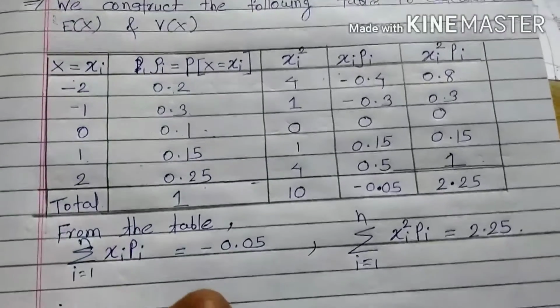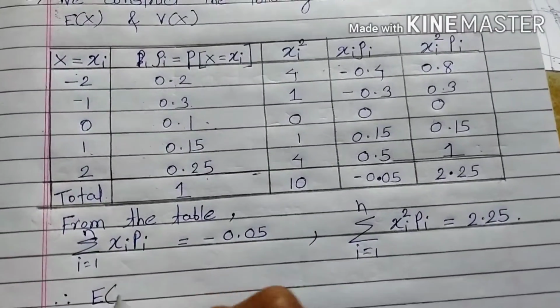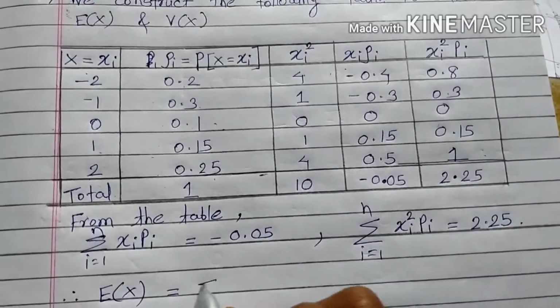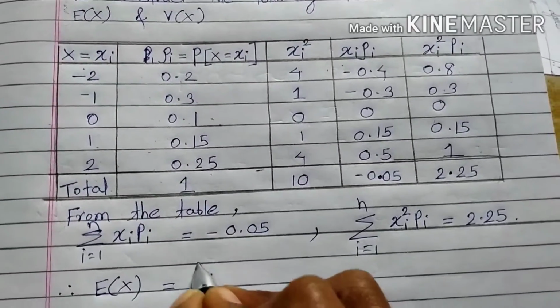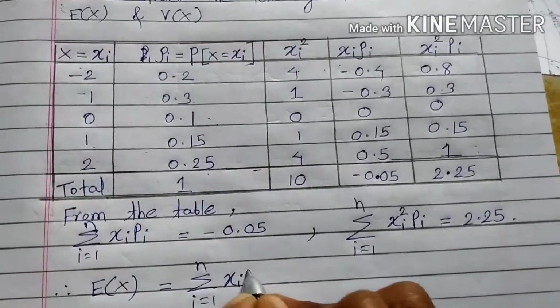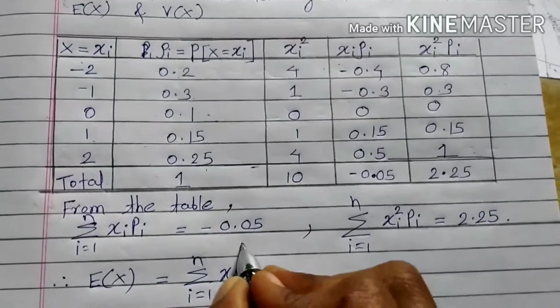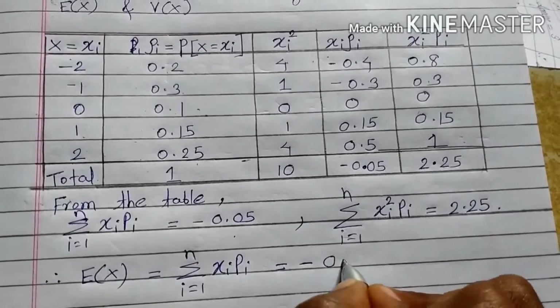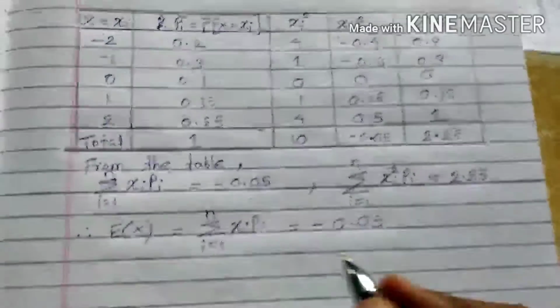Therefore expected value is equal to summation of xi pi, where i runs from 1 to n, and we know that the value of this is minus 0.05.